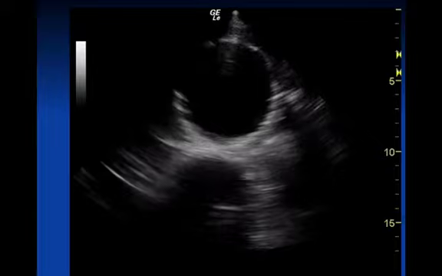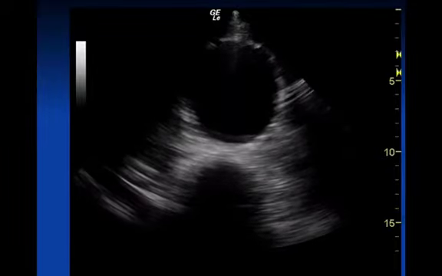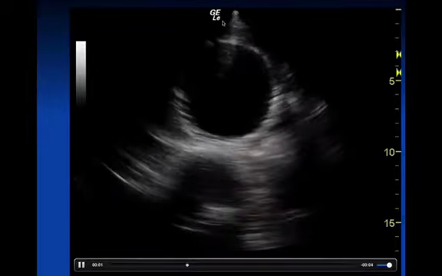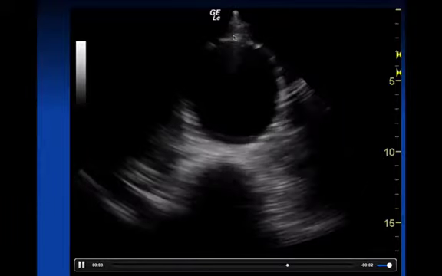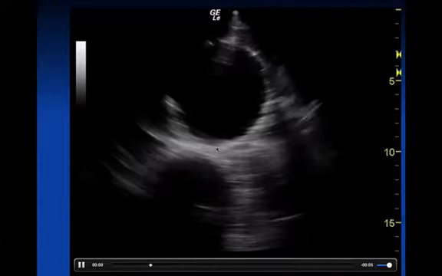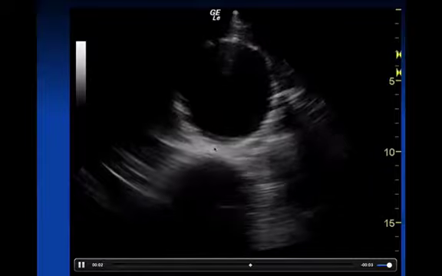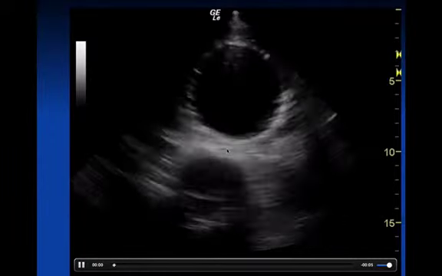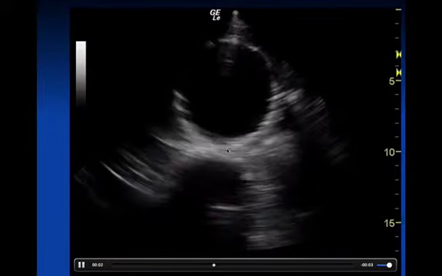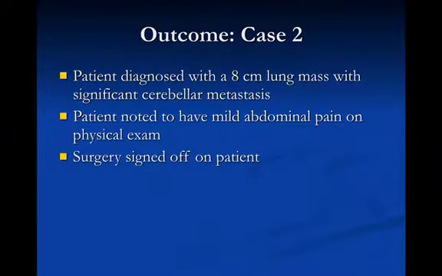And this is another example, a live image, same thing. Right above the spine shadow, we see a giant aortic aneurysm, which I would measure from here to here. I would also put color flow on and see if there was any active extravasation out of this.